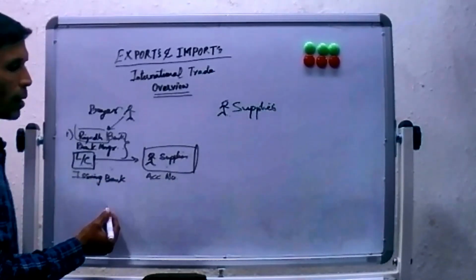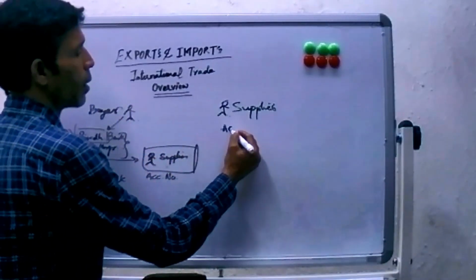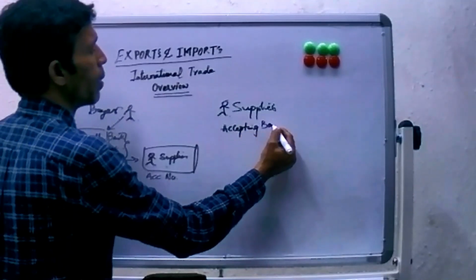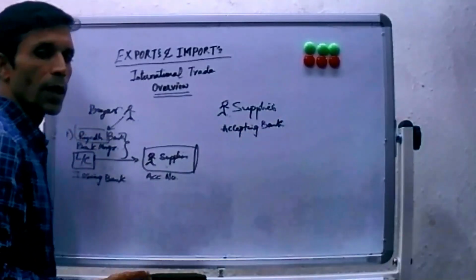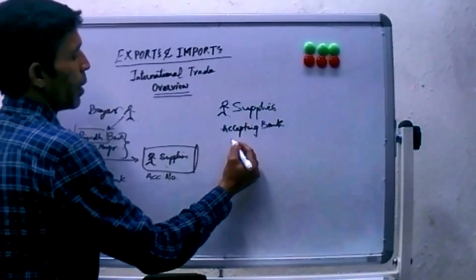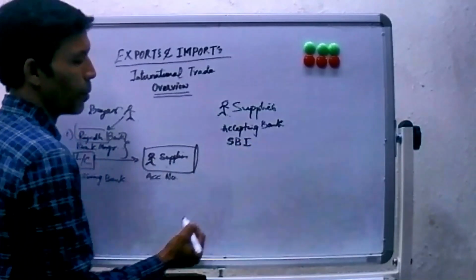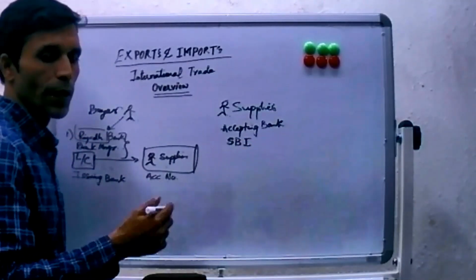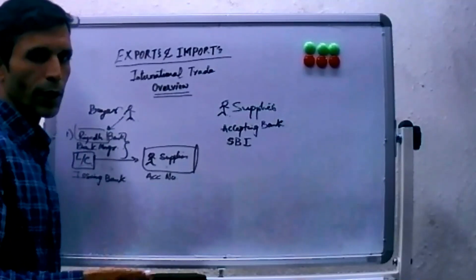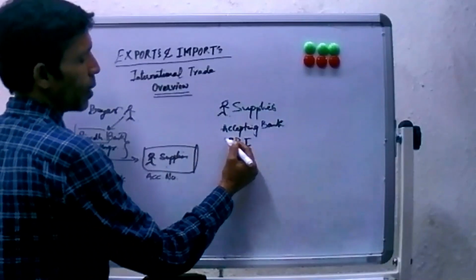And the supplier's bank is nothing but the accepting bank. Let us say the supplier's accepting bank is State Bank of India, SBI, and the supplier may be in Maharashtra, Mumbai, Kolkata, Delhi, Telangana, Kerala, anywhere.